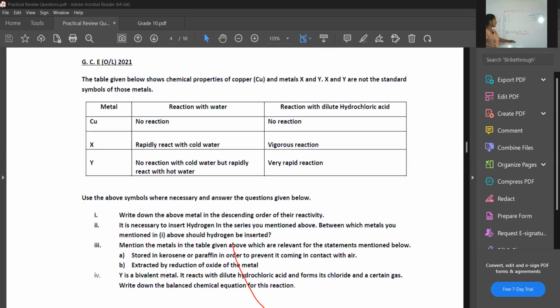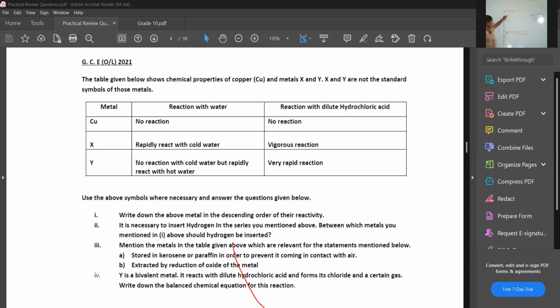They exist as compounds; they combine with other elements and form compounds. So we have to extract the pure metals from those compounds. We have to select a method to extract those metals, so it depends on the reactivity of those metals.